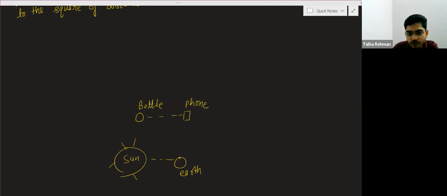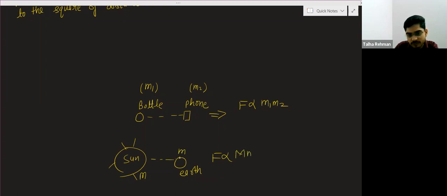According to Newton, suppose this has the mass m1, this has the mass m2. This force of gravitation is directly proportional to the product of the masses. And here also, suppose this is the mass of the sun, capital M, and small m is the mass of the earth.